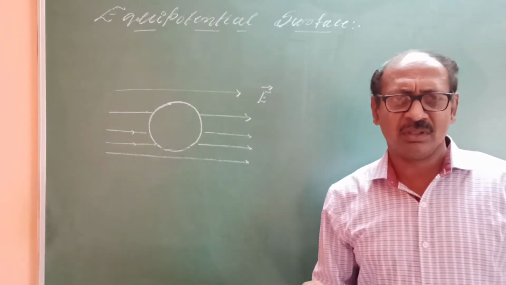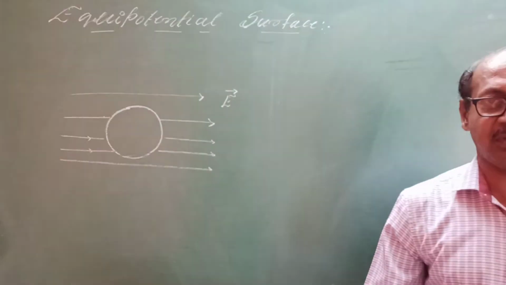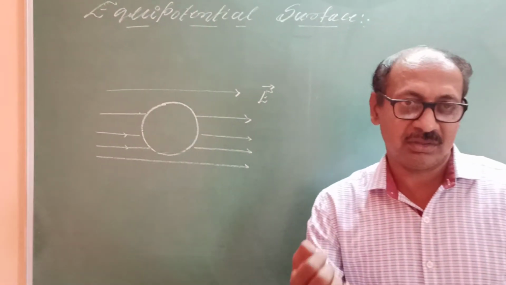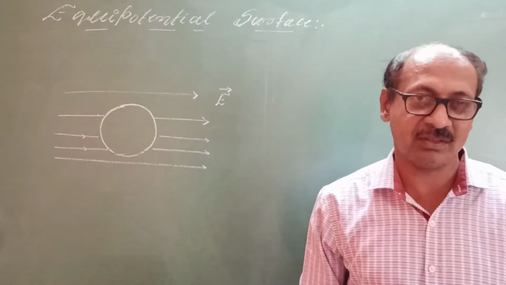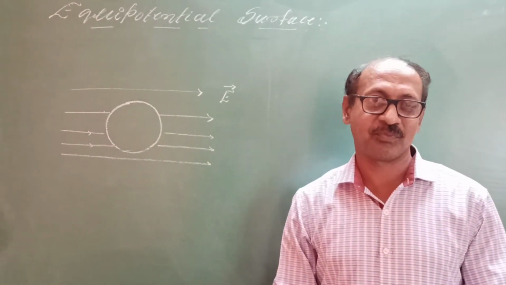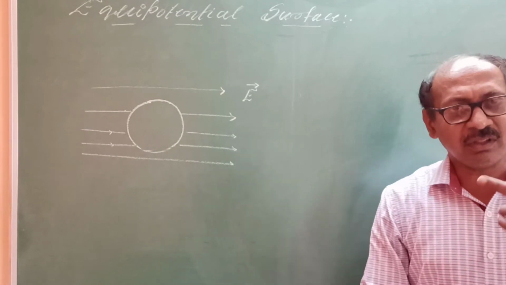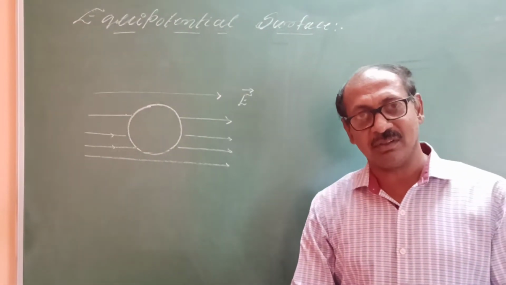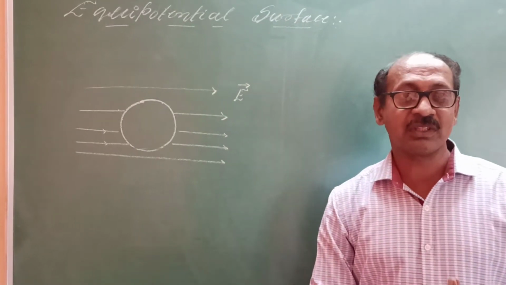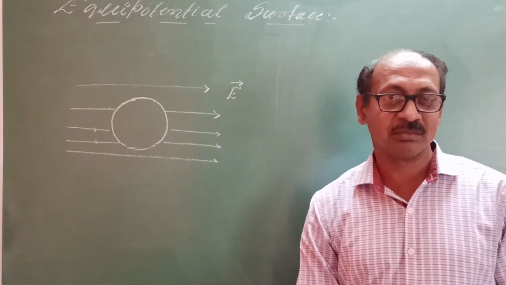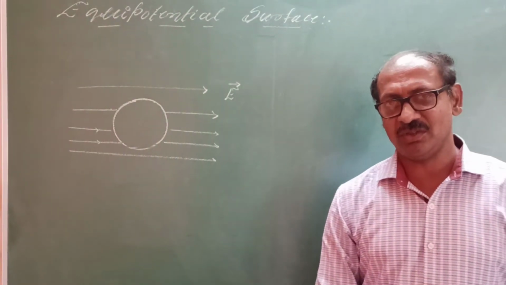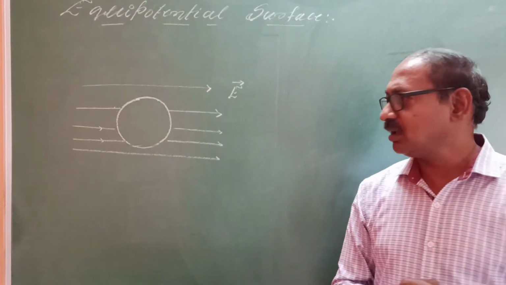Now we have a number of examples for this equipotential surface. A conductor in electrostatics is a best example for an equipotential surface. A second example is the earth itself, which behaves as an equipotential.